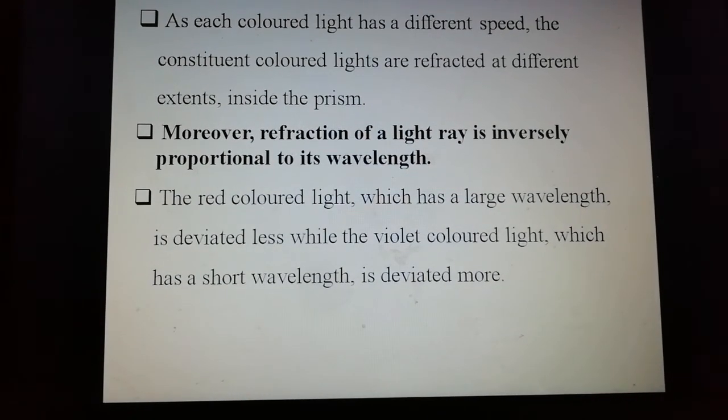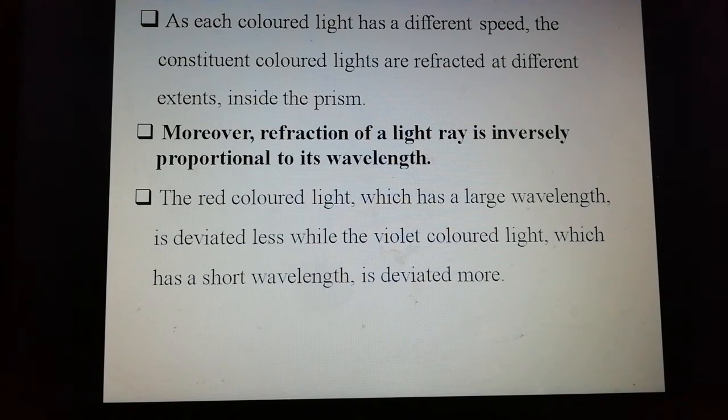The red colored light, which has a large wavelength, is deviated less, while the violet colored light, which has a short wavelength, is deviated more.